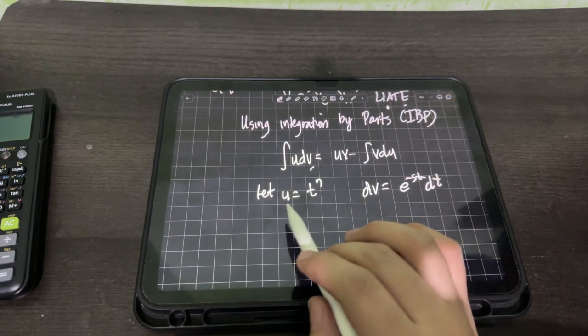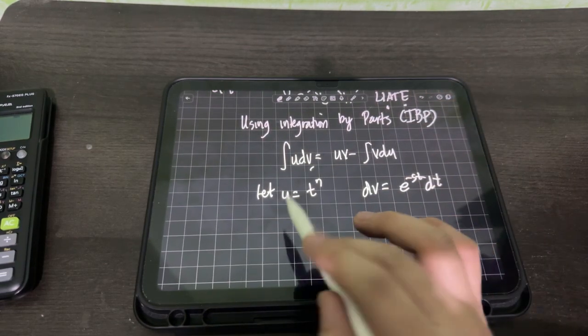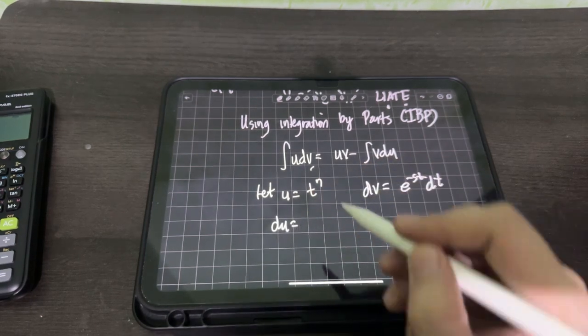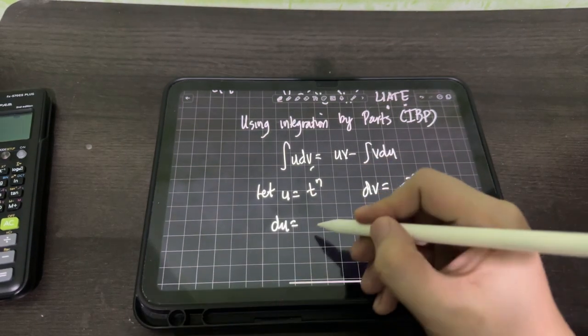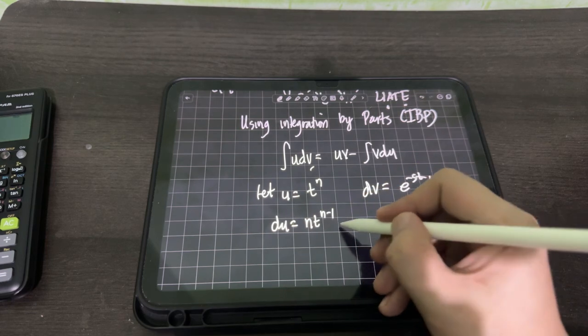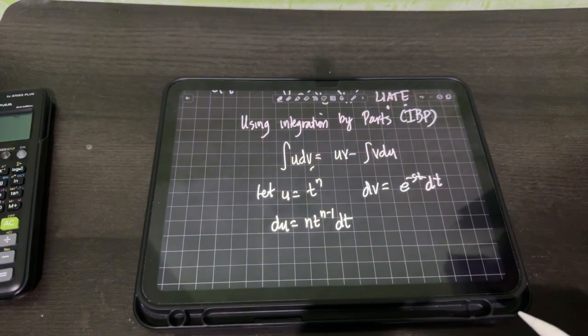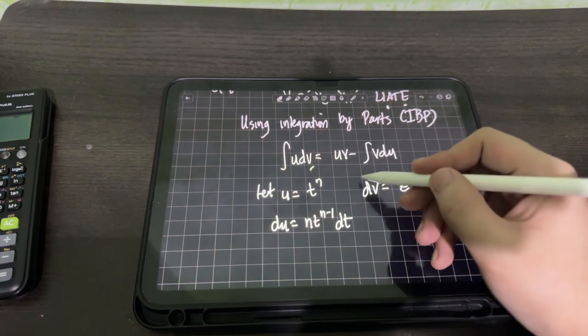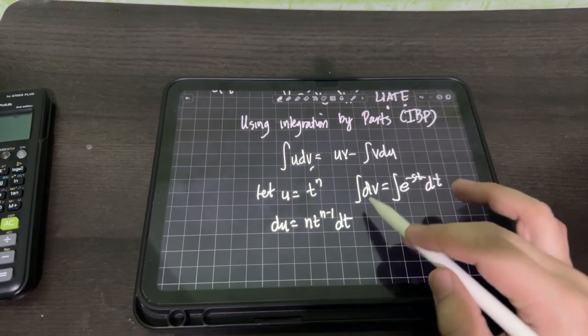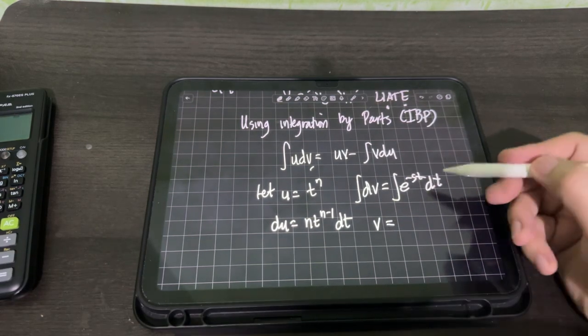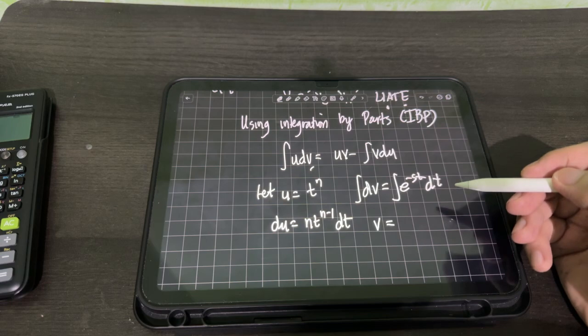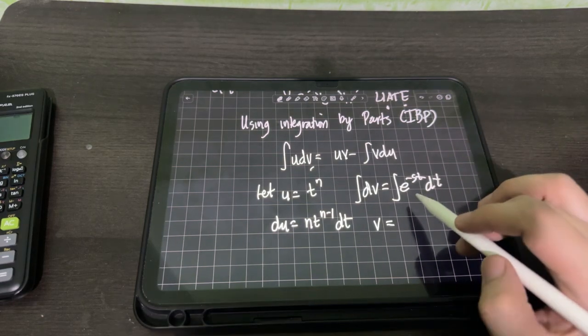So we differentiate both sides. The derivative of u, du, the derivative of t to the n, is n t raised to n minus 1 dt, applying the power rule, right? For dv, we integrate both sides. So the integral of dv is v.